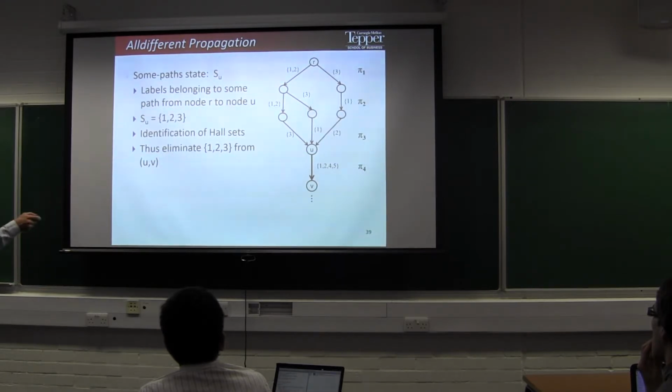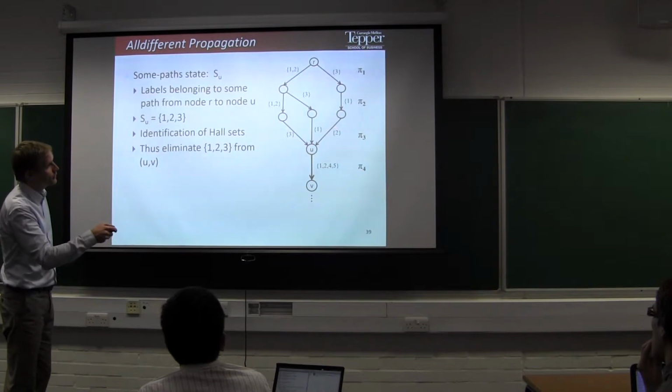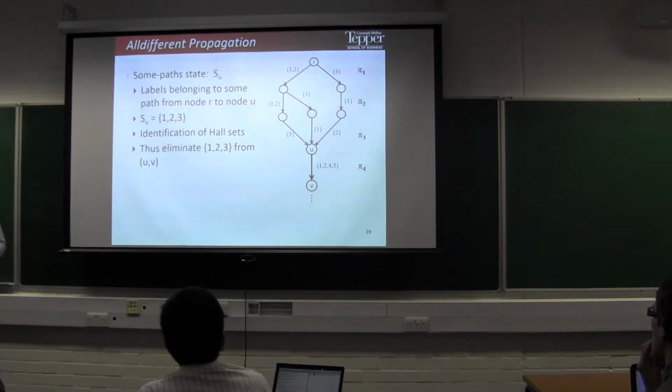Well, I have so far only used 3 slots in my schedule. I have 3 slots, and the number of labels that can be used is 1, 2, or 3. And so I have 3 slots, 3 labels, so in some order they have to be allocated. So I know 1, 2, and 3 will all get used somehow in the first 3 slots.